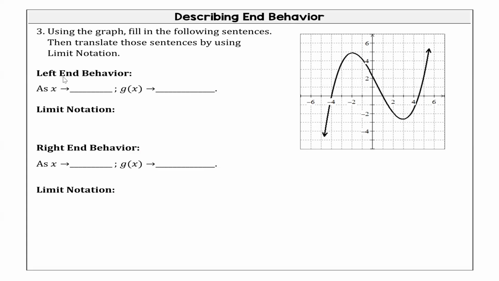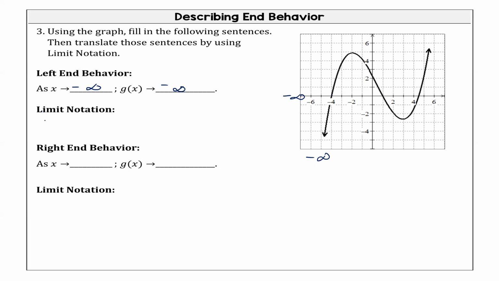If I'm looking at the left-hand limit, that means my x's are heading towards negative infinity. And then it's asking, what is g of x doing? What is your y doing? It's decreasing. It's heading towards negative infinity.